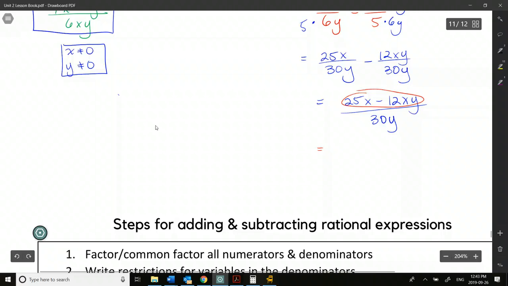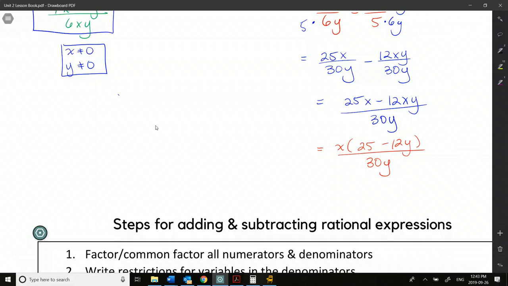This is also just a good practice just in case we miss something along the way that could have been reduced. So do we have any common factors between 25x and negative 12xy? The x is common, so I can actually just remove that. And factored form is simplest form, so if you can get it into a factored form like this or common factored, you should do that. Now I can't, this doesn't really help me reduce anything there, which is fine, so we'll just leave it there.